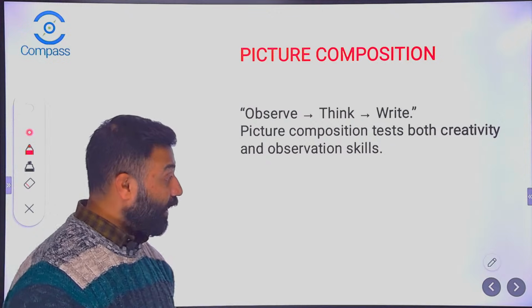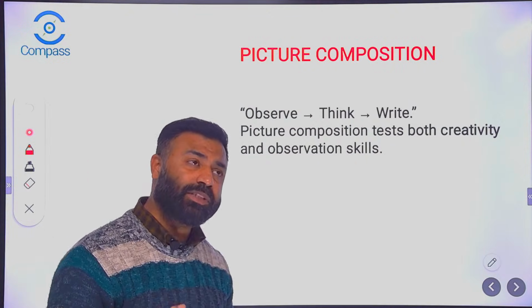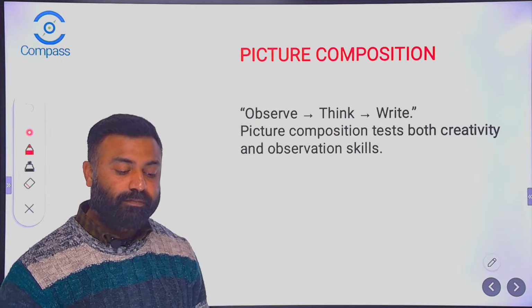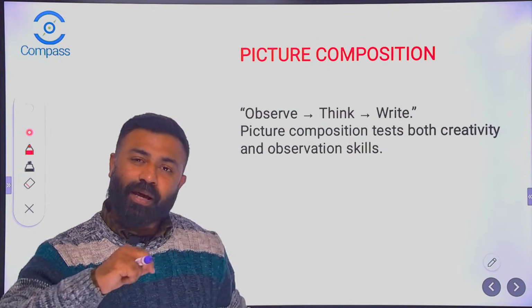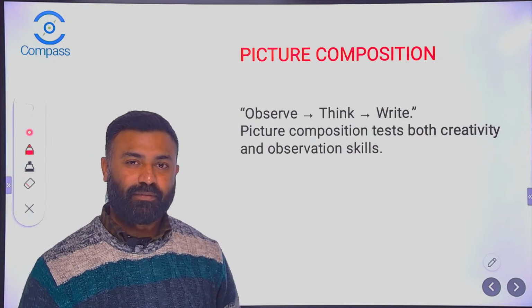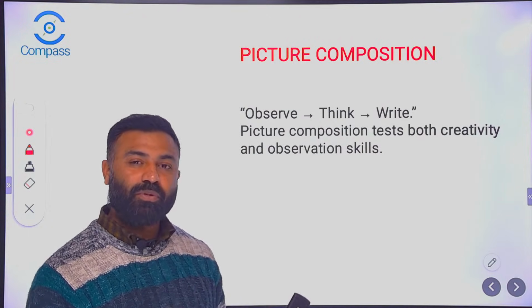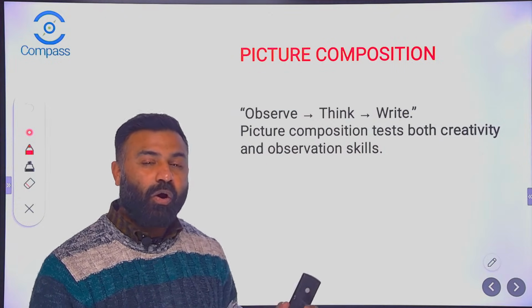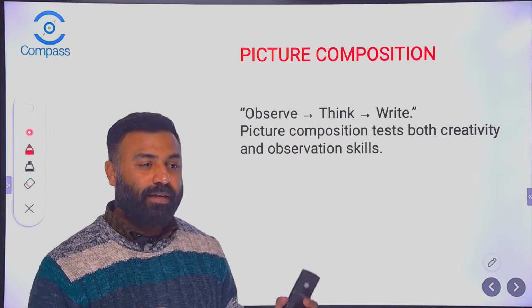So whatever picture you get to see, let me talk about it. Suppose you get to see children running in the garden. What do you describe about the picture? There are 4 children, they are running, they are wearing orange pants and blue caps.